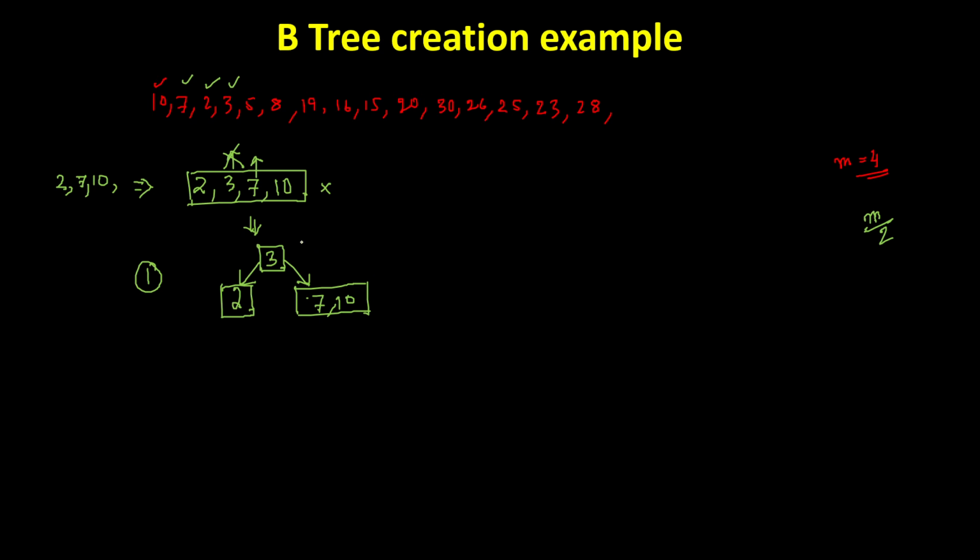Another situation can be something like 2 and 3 on this side, and only 10 on the right side, and then 7.